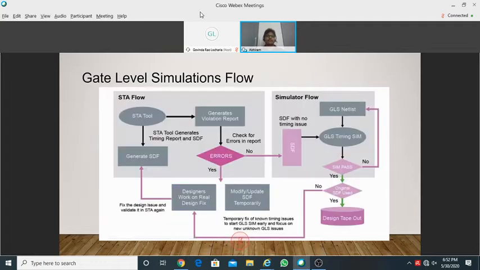If you see the gate level simulation flow, you get a GLS netlist, that is called a gate level netlist. You do the gate level sim, and from the static timing analysis tool you get the SDFs. So you load both of them, and then you run your functional tests. Now you have so many functional tests, and all these functional tests should still work on the SDF annotated design as well.